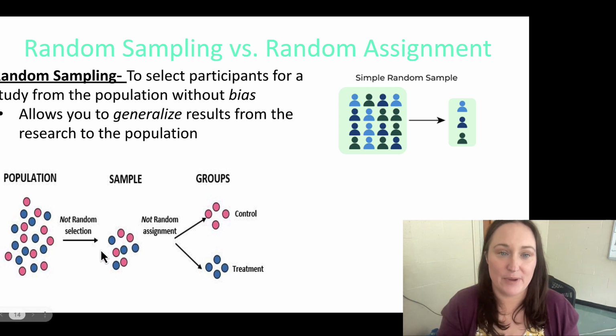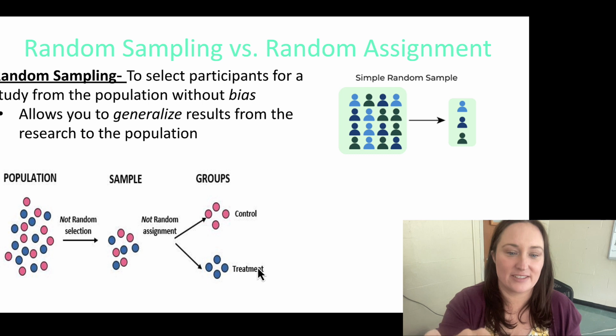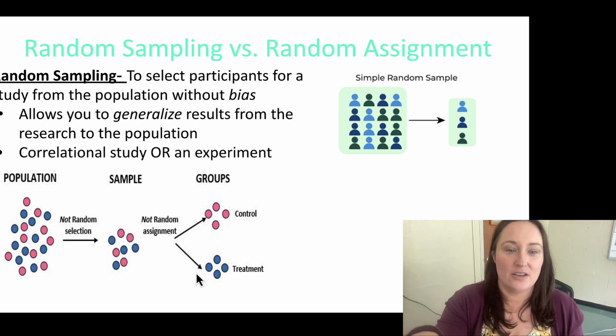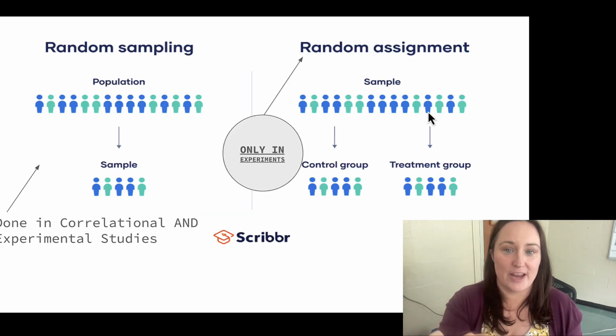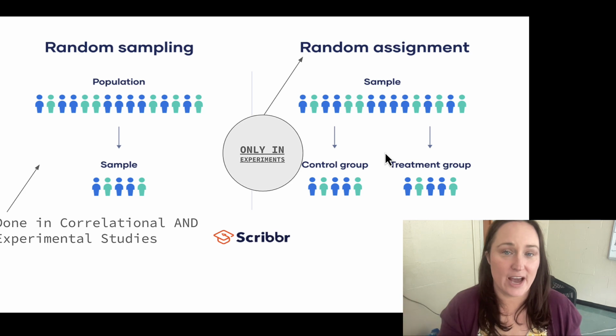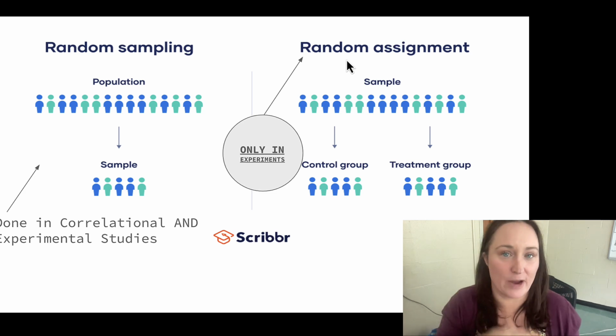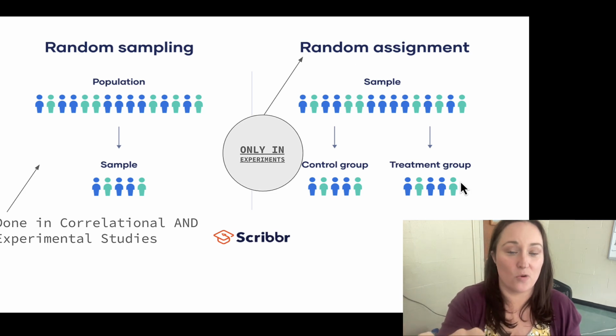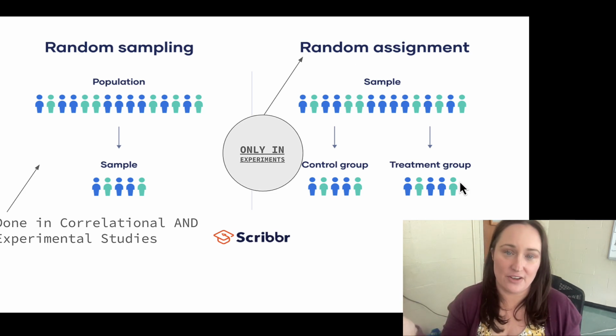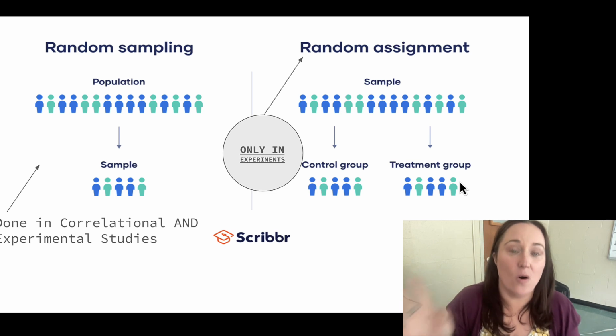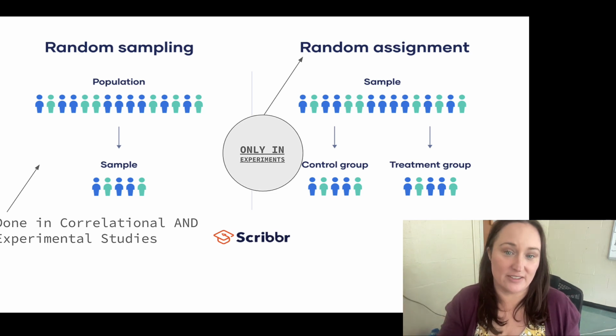Now, in an experiment, you're going to go to this next step. The next step is random assignment. If you hear that in a study and you're unsure whether it's an experimental study or a correlational study, you can't tell, if you hear that they randomly assign to a control group or a treatment group, that's going to tell you it is an experiment. Only experiments randomly assign.